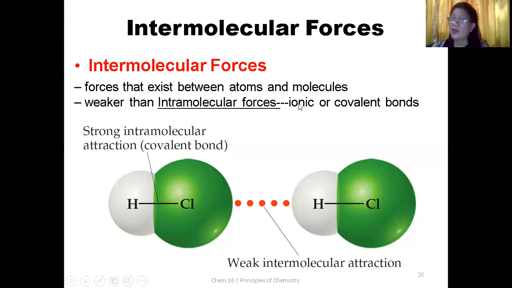Ionic is when metal is added with a non-metal. So this is a strong intramolecular force, while the one between molecules, like chlorine to hydrogen, is a weak intermolecular attraction. Hydrogen to chlorine is a strong covalent bond, and this other part is a weak intermolecular attraction.